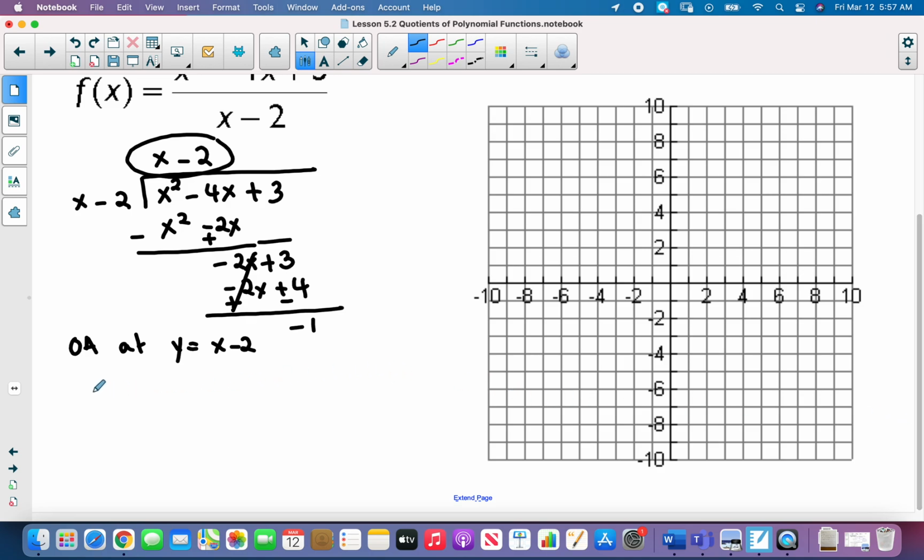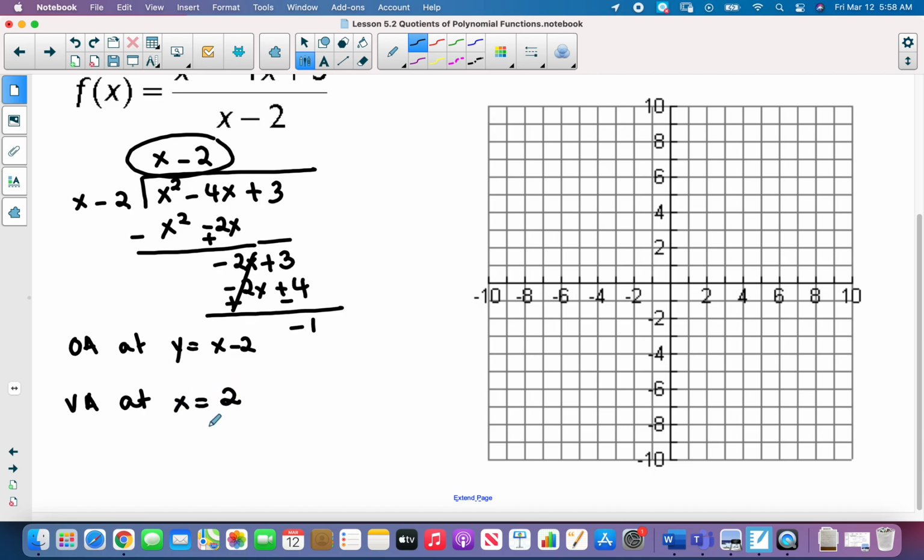Then let's find out if there's any vertical asymptotes. Well, if you see denominator is x minus 2, so therefore there's a vertical asymptote at x equals 2, right?